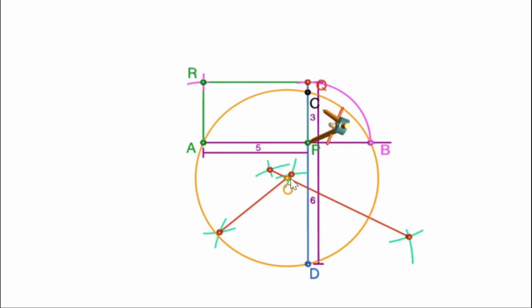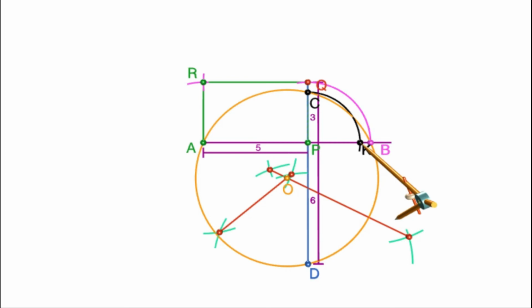Now if we make a rectangle with PC and PD as sides, its area will be equal to the area of the first rectangle. To make the rectangle, let us take the distance PC in the compass and draw an arc on PB. Let it meet at K. Now PK and PC are equal.